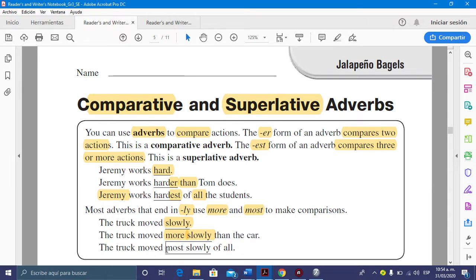You have to add most. Most slowly. This is superlative. You have to remember superlative uses most. Comparative uses more. Okay?